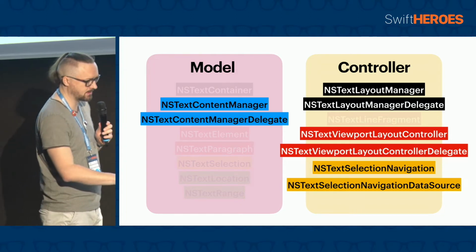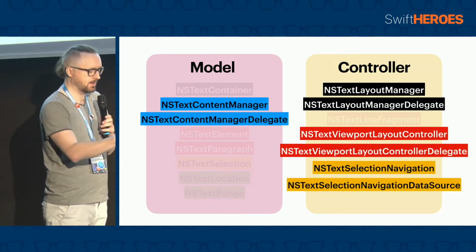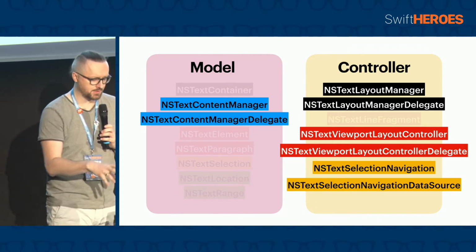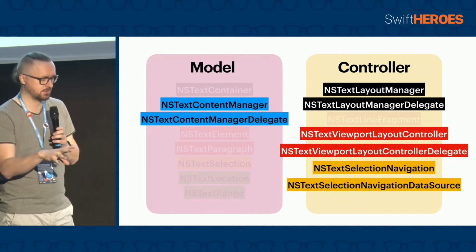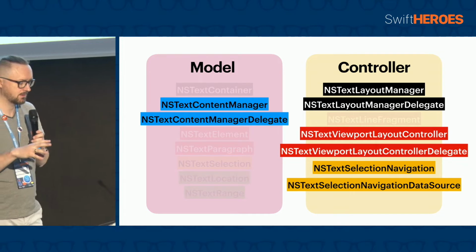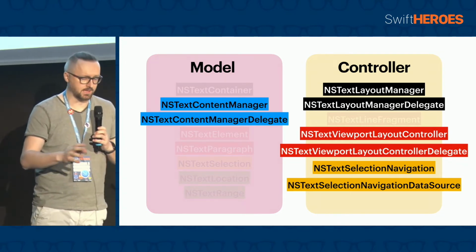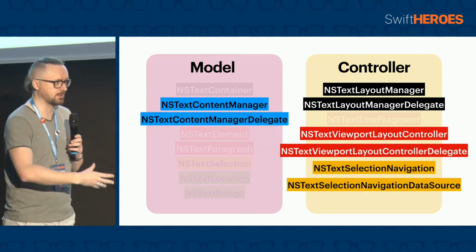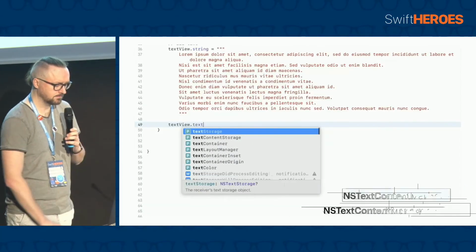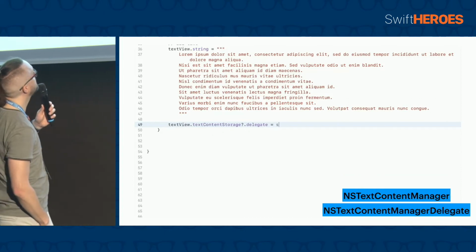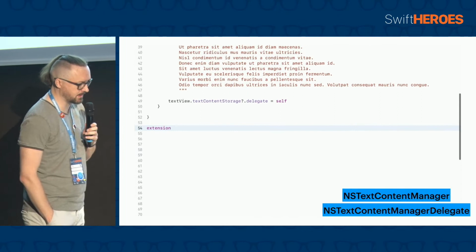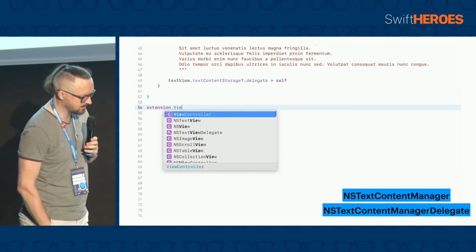I want to show you how to use this TextKit 2 API to extend the view. So we have a content manager and content manager delegate, layout manager delegate, viewport layout delegate. So you get the drill. It's composed of delegates. And how do we use that? Just provide the delegate for the text content storage.